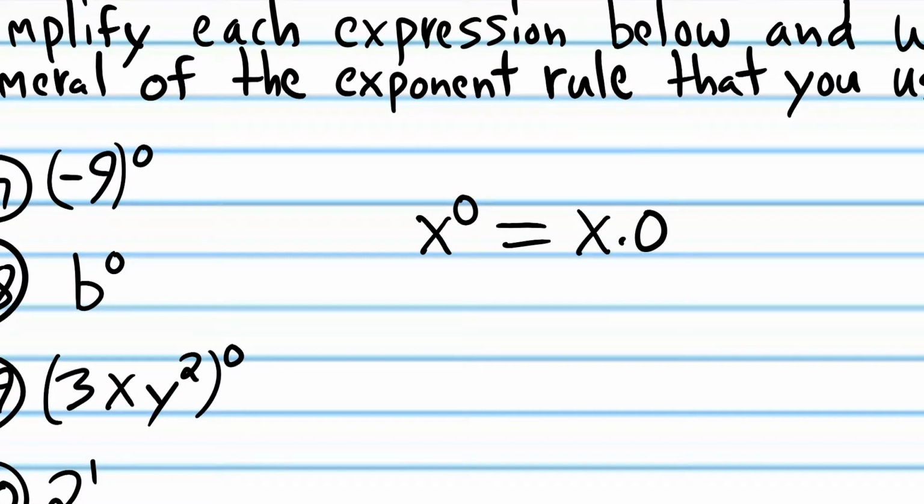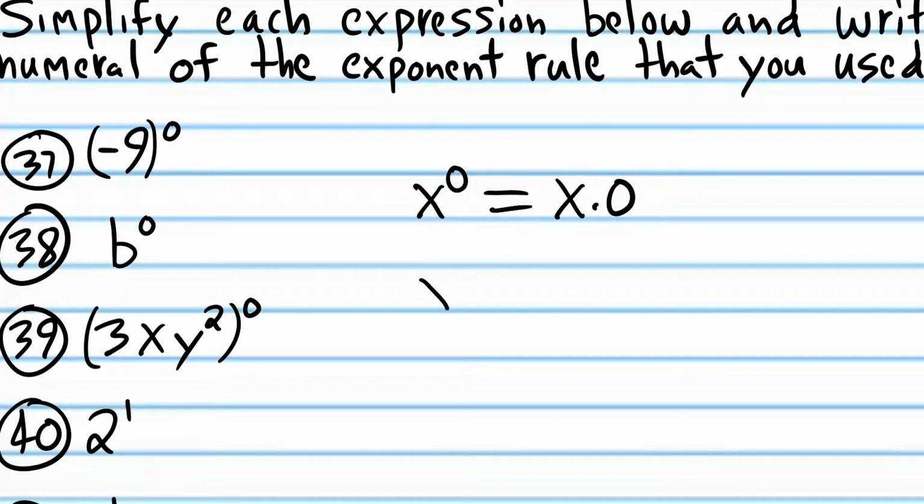Well, that's a good guess, but that doesn't make sense because x to the 2nd power is not x times 2. You see the correlation here? But these are not true. So it doesn't make sense that x to the 0 would be x times 0. So what does x to the 0 mean?